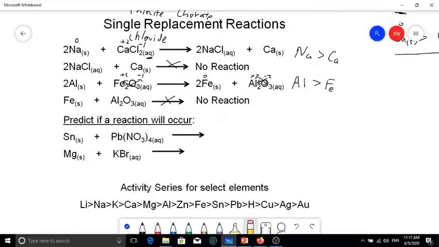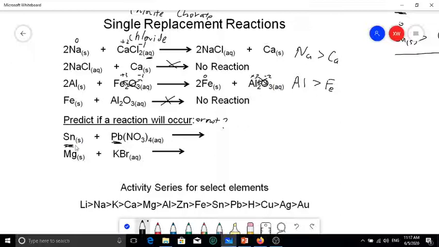Now, if you have the activity series, are you able to predict if the reaction will occur or not? With the activity series, basically you know which element is more or less active. So of course you should be focusing on the metal part or the cation part.